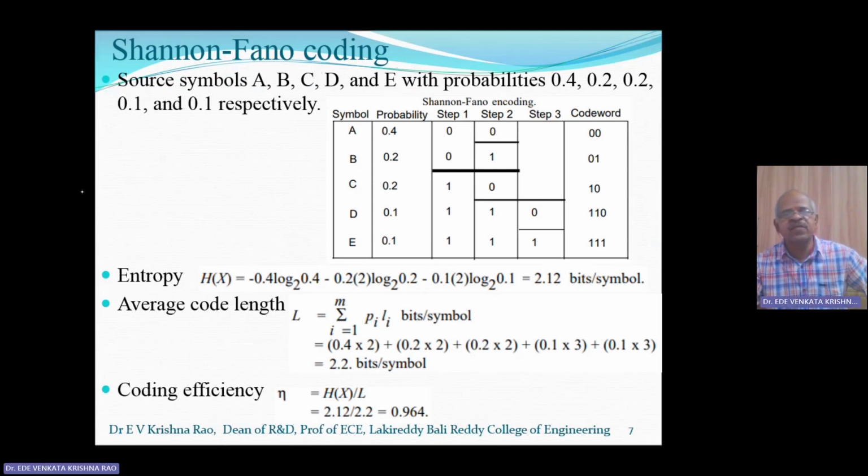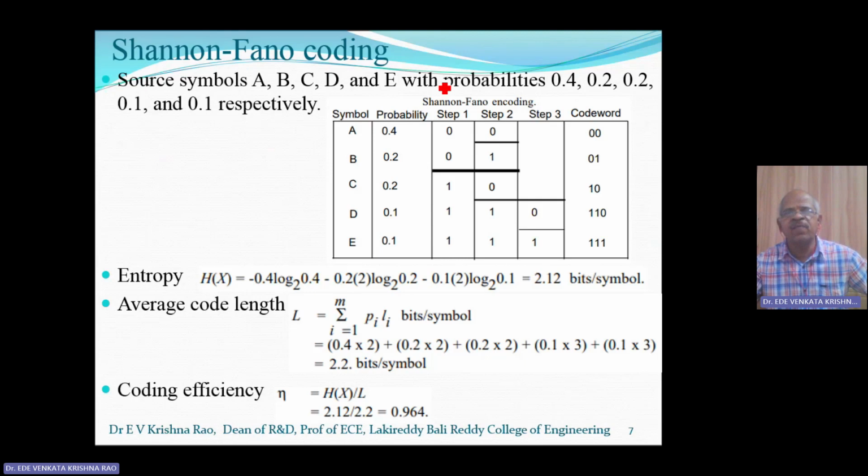As an example of Shannon Fano coding, take five source symbols A, B, C, D, E with corresponding probabilities 0.4, 0.2, 0.2, 0.1 and 0.1. These source symbols may have different probabilities, but they must be arranged in decreasing order.